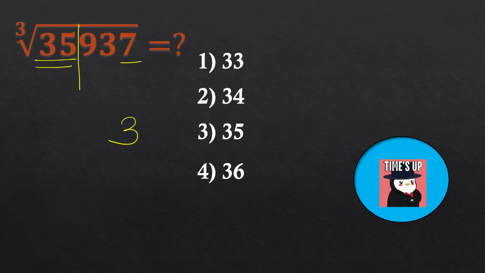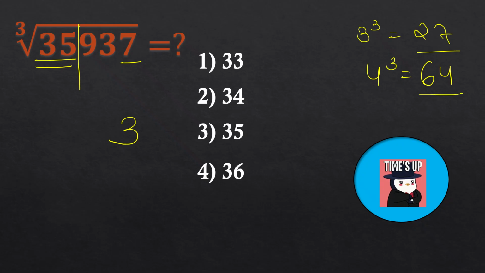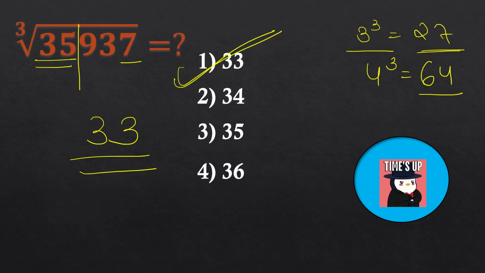The cube root of 35 lies between which cubes? It is 3 cube and 4 cube. So 35 lies between 27 and 64, but you need to choose the smaller cube. So it will be 3. So the answer is 33. The first one is the correct option.